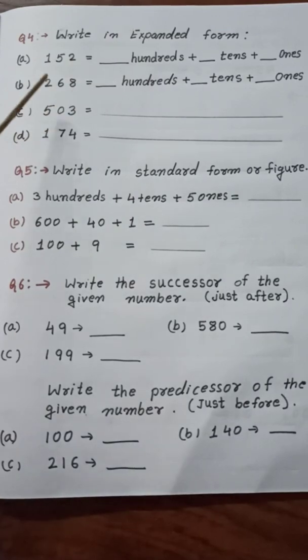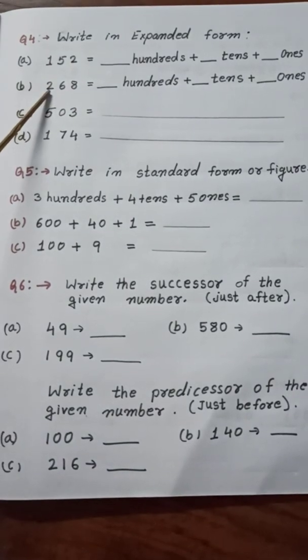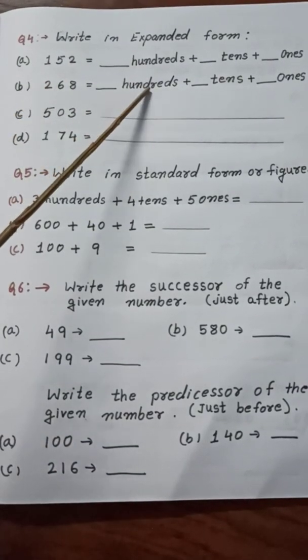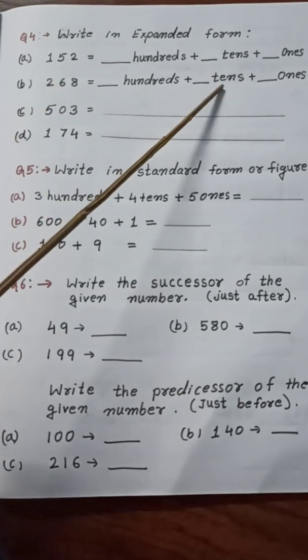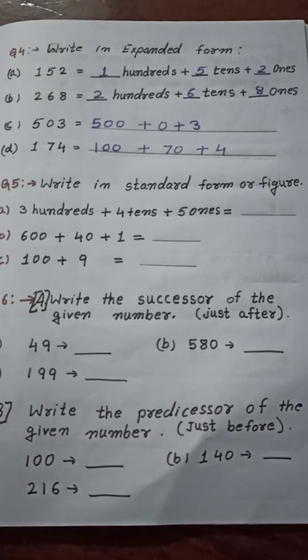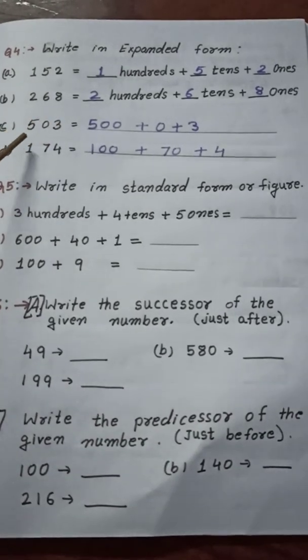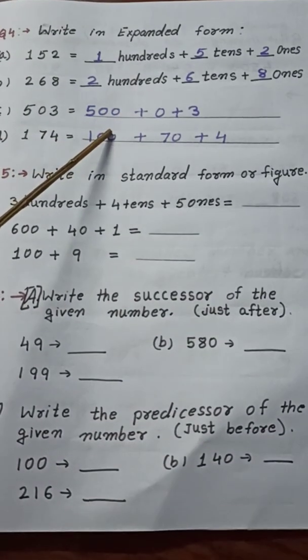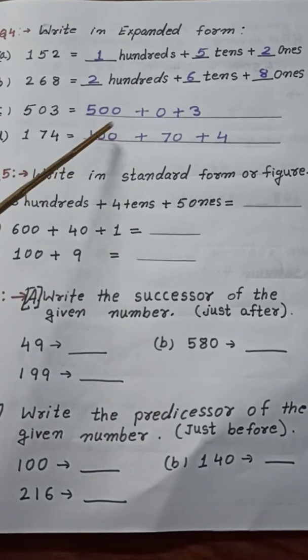Same way here, 2 is at 100, so we will write 200, 6 tens and 8 ones. This way also will be asked, so children, please don't be confused.